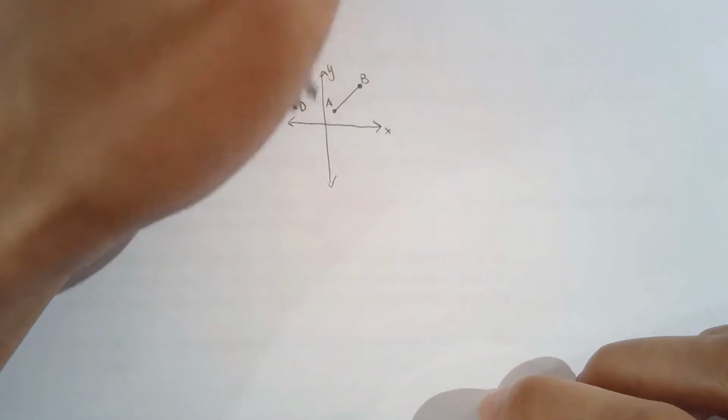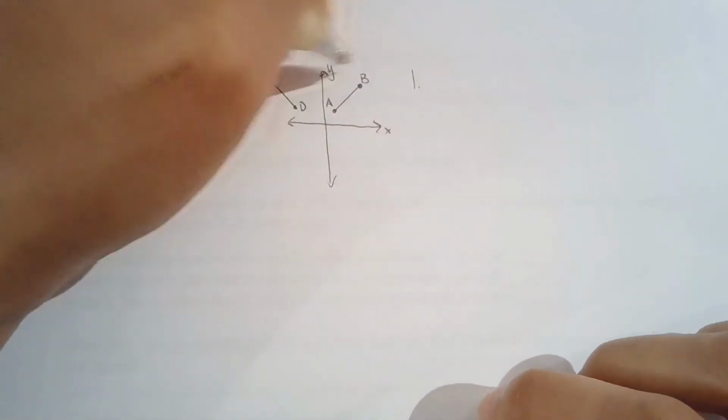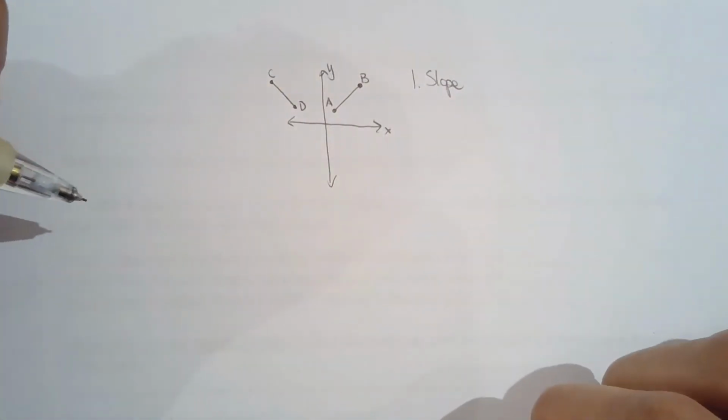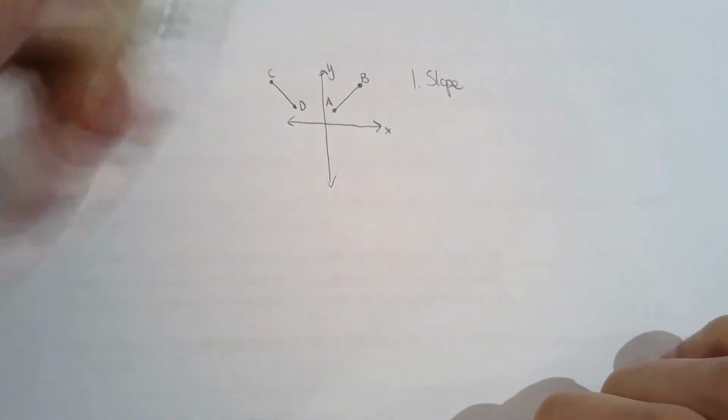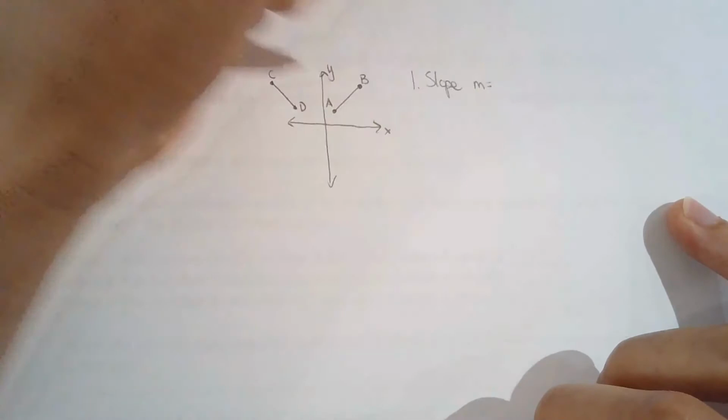So hopefully you wrote down some of the things that I'm about to write. The first thing, when I see line segment AB, I'm very curious and I want to know what the slope of the line segment is. What is the slope of line segment AB? Now, if you remember from last year, you have the slope formula to help you find out what the slope of the line segment is.